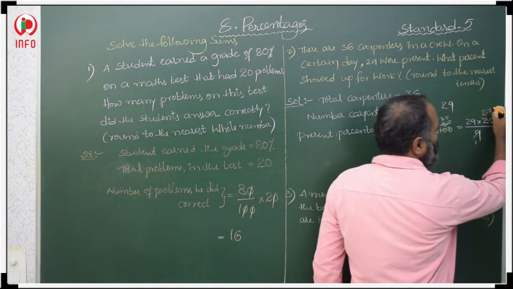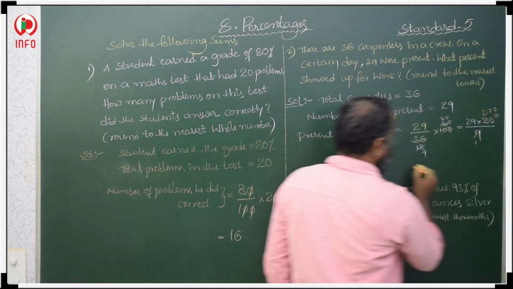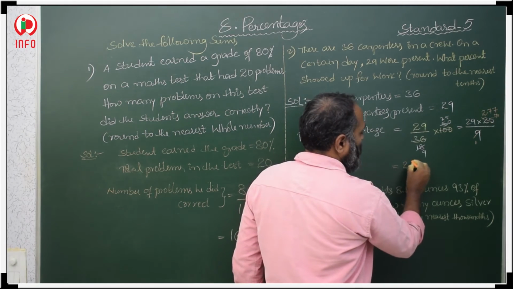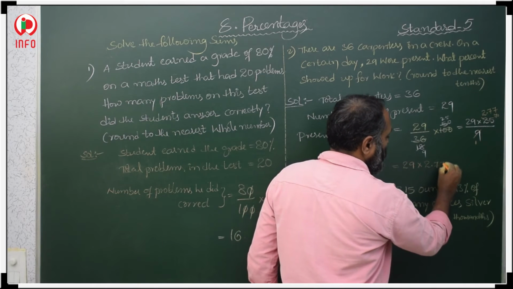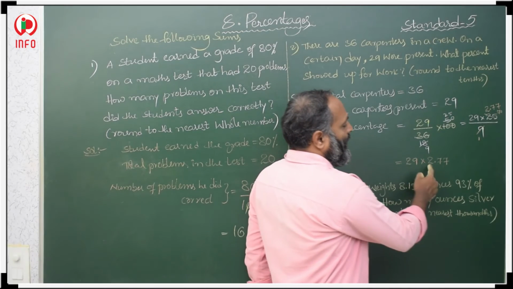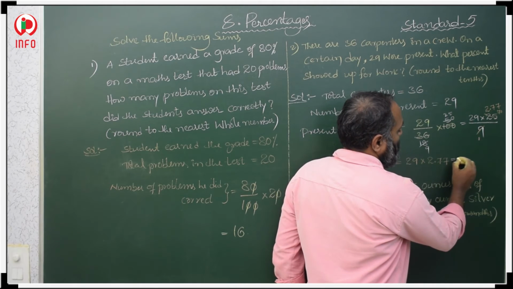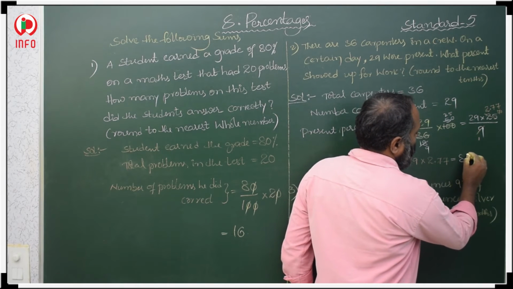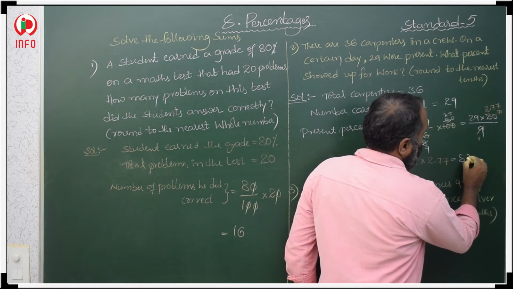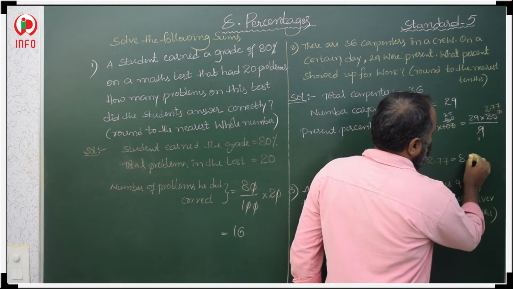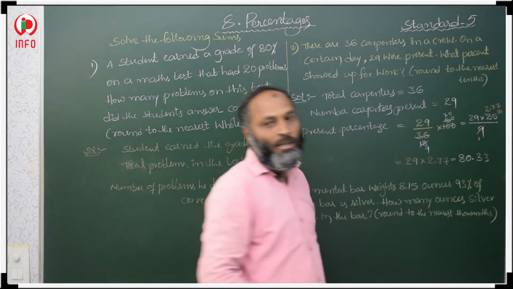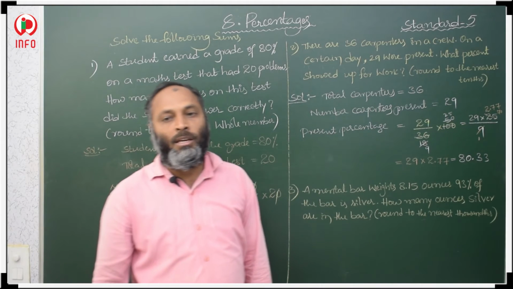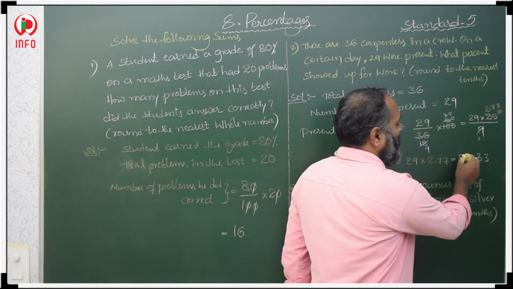Again 9 sevens are 63. It means 29 into 2.77. Now 29 into 2.77, that is 80.33.